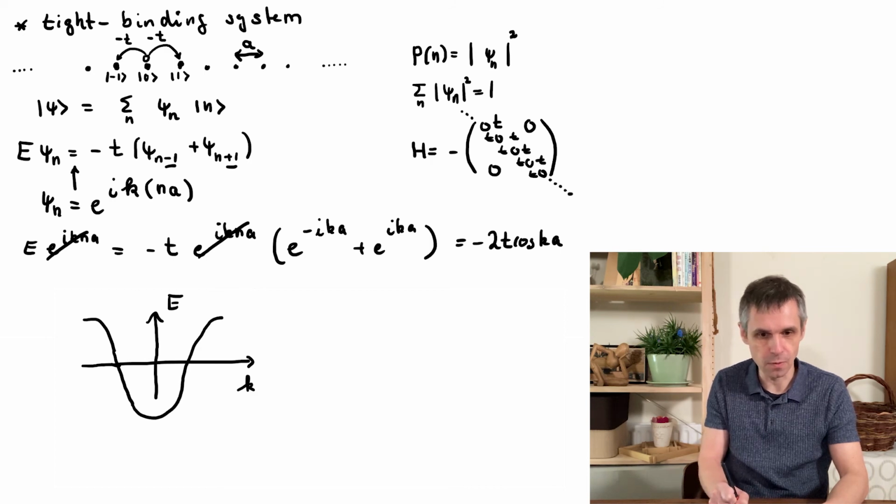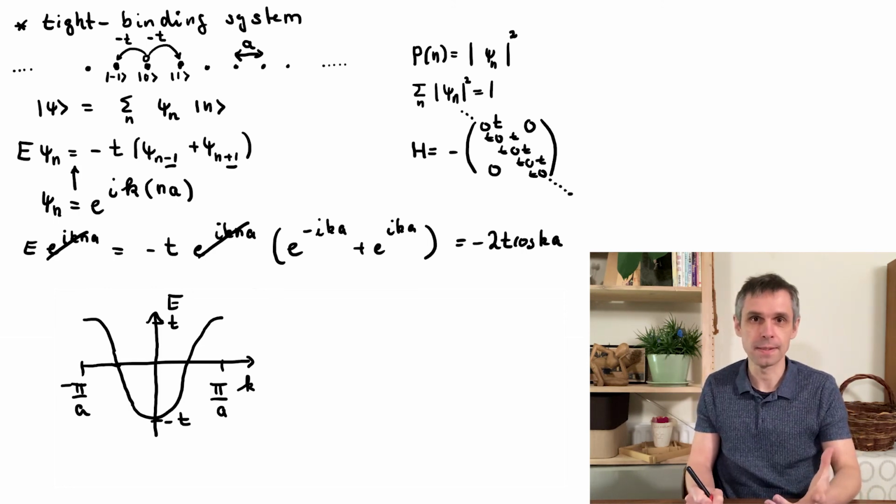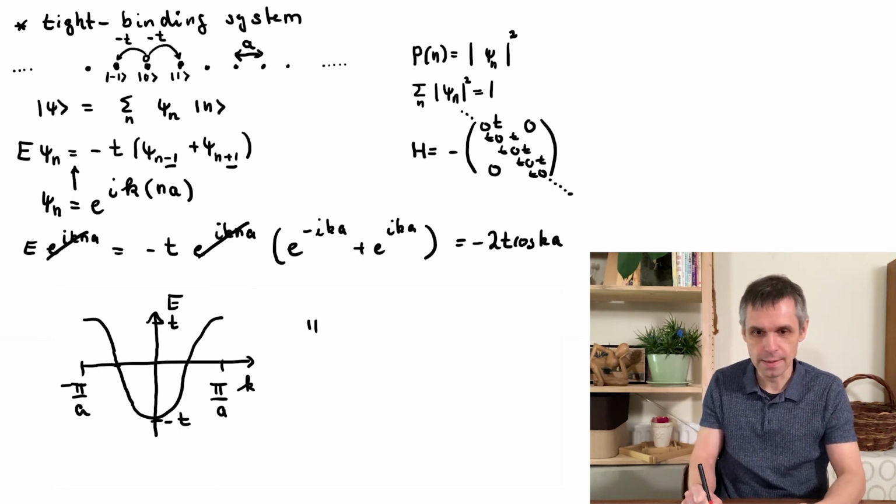I've just plotted over one period, centered at the origin. So these are the values pi over a and minus pi over a. And here we have t and minus t. And this, as I said, can be interpreted as describing the motion of an electron in a crystal. And in this context, this is known as the band structure.